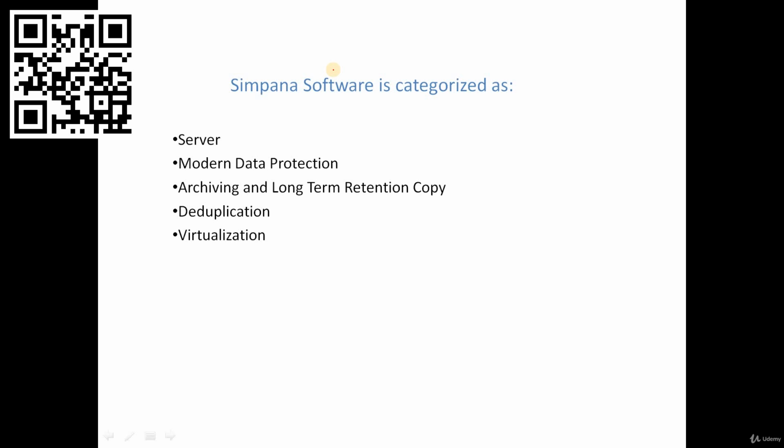Because we can also perform P2V migrations. I can take a backup from a physical machine and convert that into a virtual machine. So I can do P2V migrations, and I can do V2V migrations also. So Commvault also supports a lot of migration features on virtualization infrastructure.